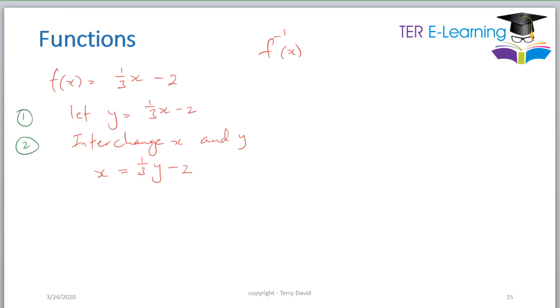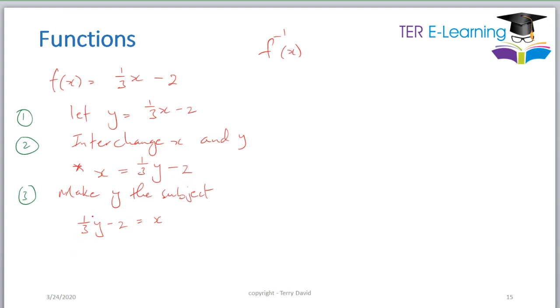Then what we're going to do is make y the subject of the formula. So third step, make y the subject. So this is my equation. I can write that as 1/3 y minus 2 is equal to x, because I have x equal 1/3 y minus 2.